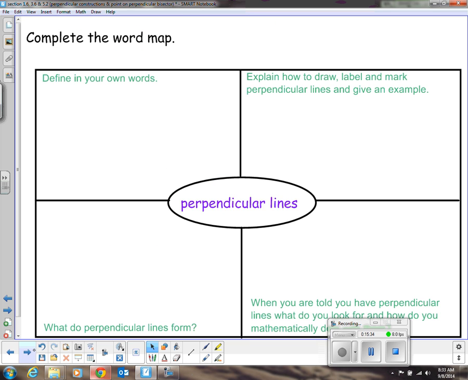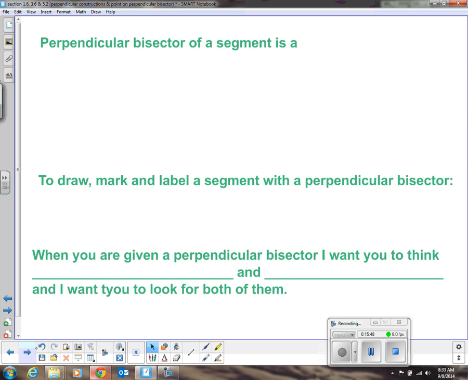All right. So here's the word map. It's in the notes. It's online in the PDF. You're going to define it in your own words. You're going to explain how to draw, label, mark. You're going to tell me what perpendicular lines form and what you're going to look for. Perpendicular lines form right angles. So if they intersect like this, they're going to form 4 right angles.